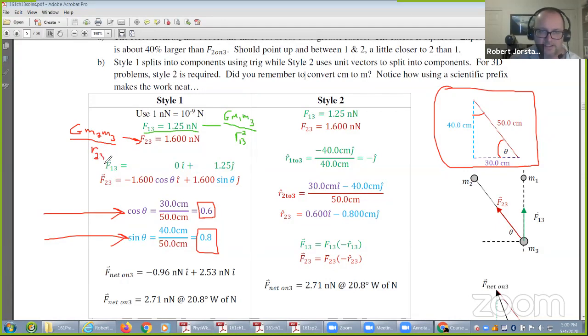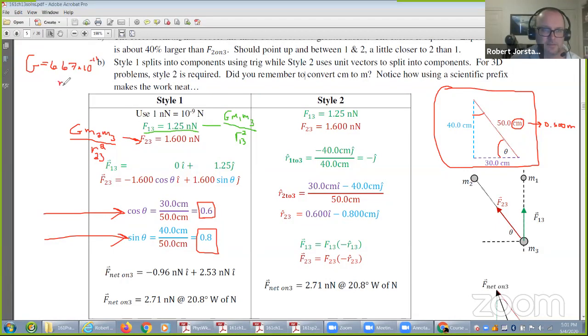I would take the time to practice dealing with these things, because one of the things you find out in this problem, centimeters don't work. This is 0.500 meters. So remember, G is 6.67 times 10 to the negative 11th.